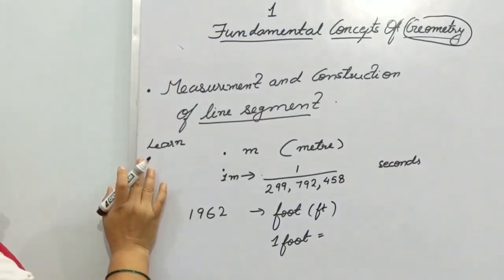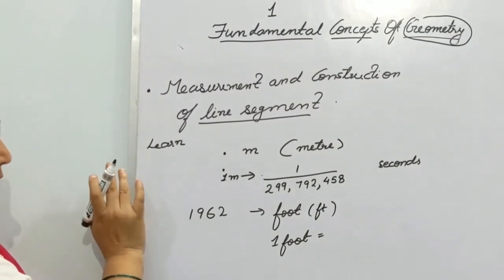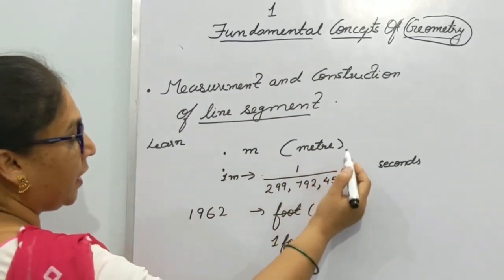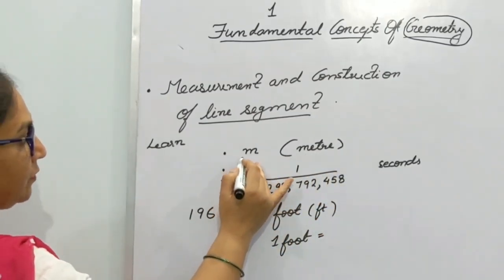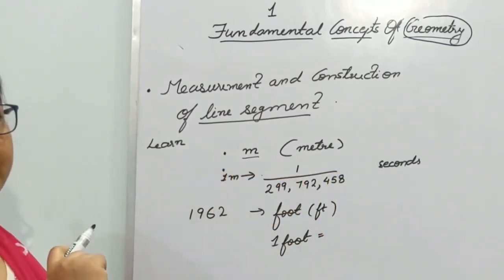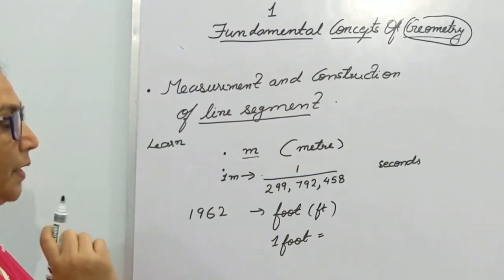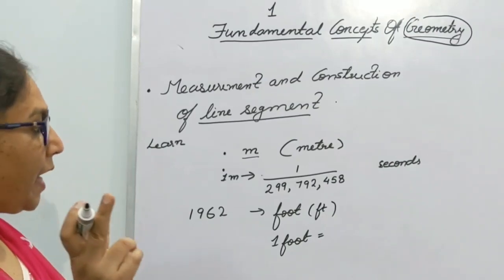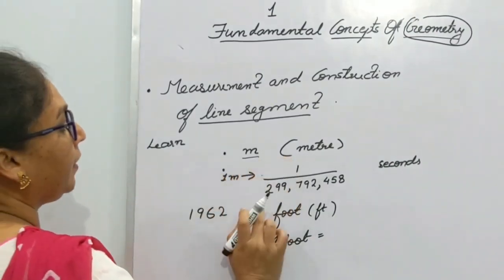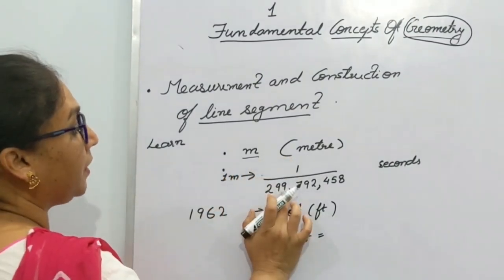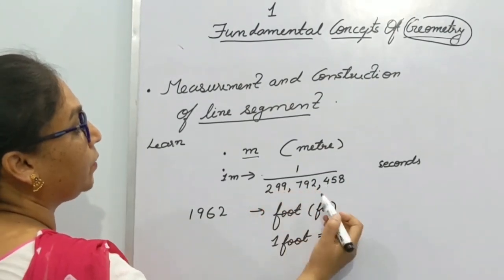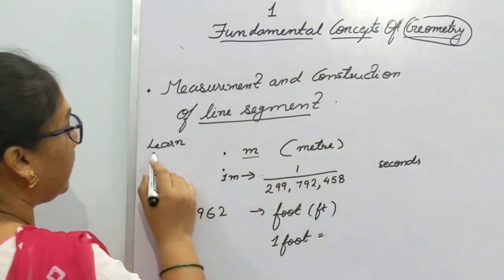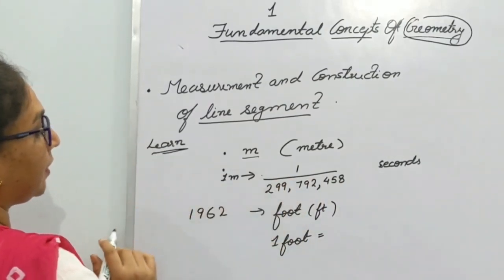According to the international system, the basic unit to measure length is the meter, and symbolically you represent it by small m. 1 meter is defined as the distance travelled by light in vacuum in the time interval 1 by 299,792,458 seconds. Learn all these basic things.